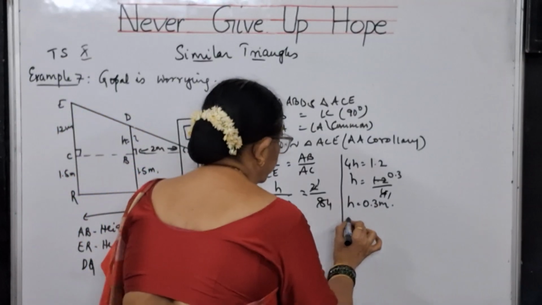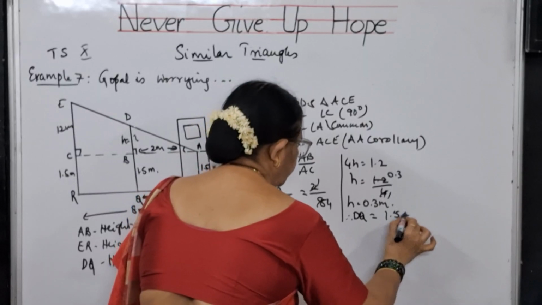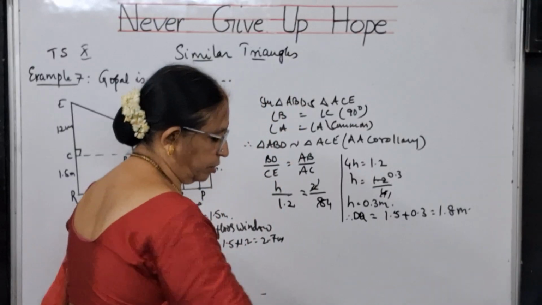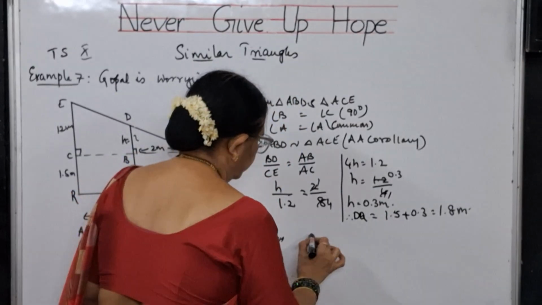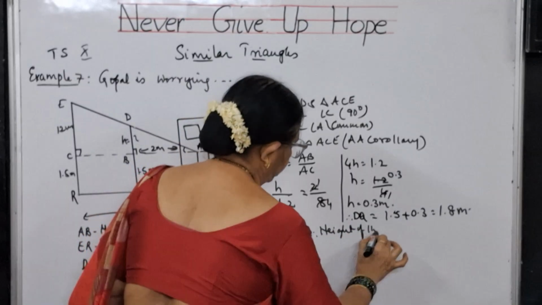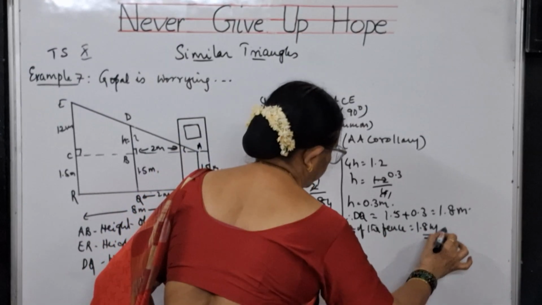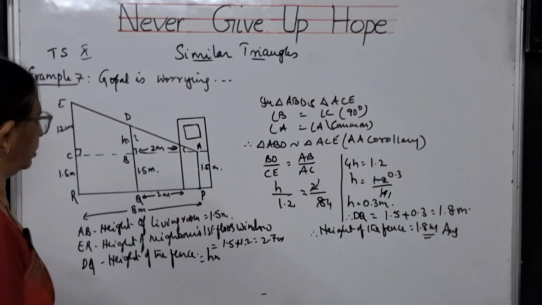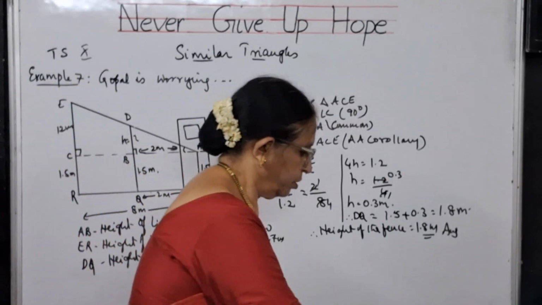Therefore DQ is equal to 1.5 plus 0.3, 1.8 meters. So the height of the fence is equal to 1.8 meters, that is the answer, children. Please note it down. Figure is big but the solution is very simple.